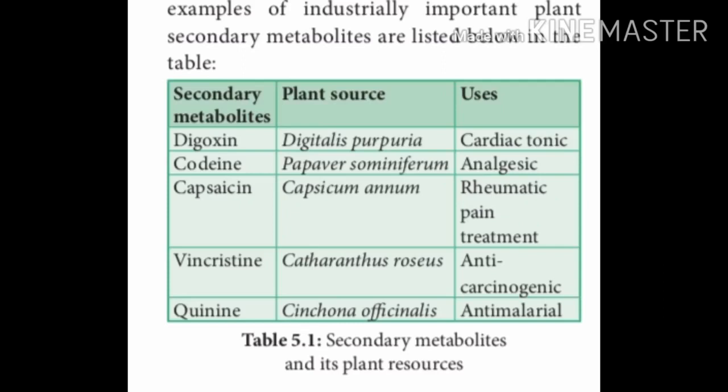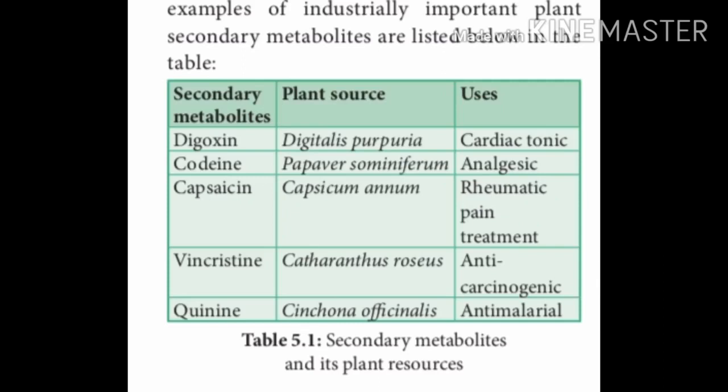The second one is codeine. It's taken from Papaver somniferum and it is used as an analgesic. Third is capsaicin, taken from Capsicum annuum. It is used for rheumatic pain treatment.